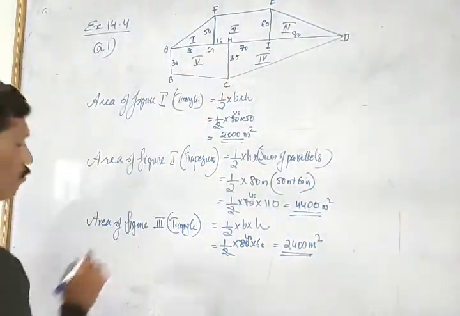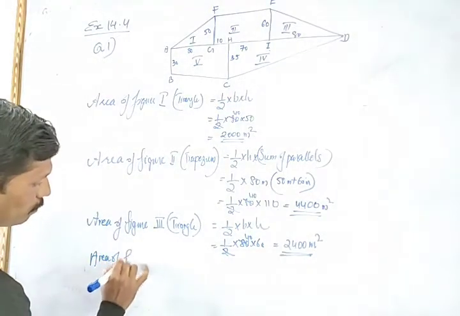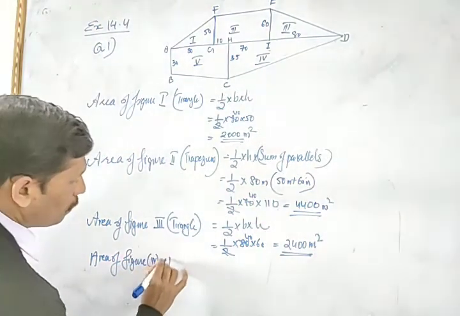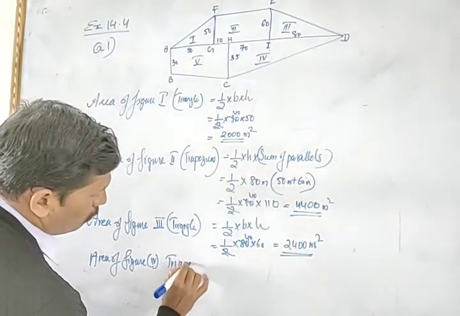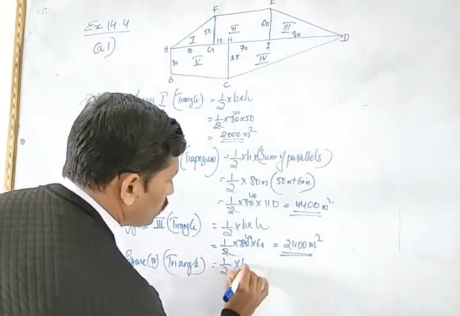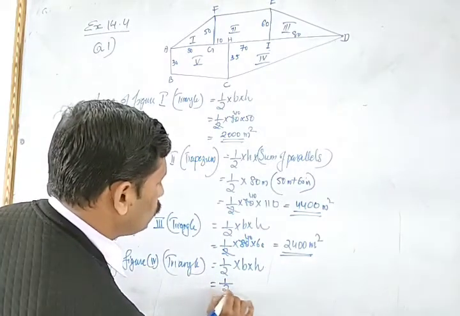Next, area of figure 4, that's also a triangle. That's equal to half into base into height. That's equal to half into base.